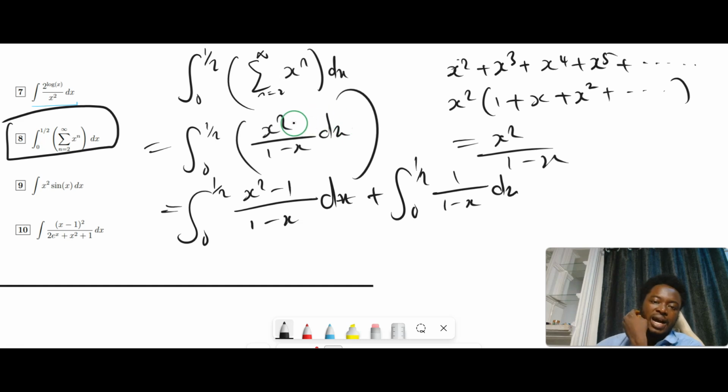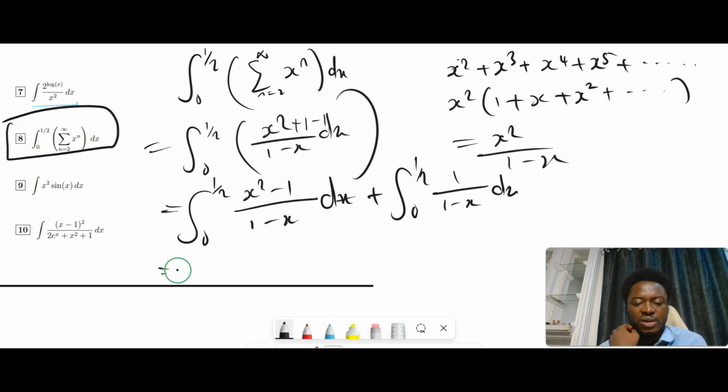Because here I added 1 and subtracted 1, so that should be that. Hopefully I'm not making mistakes here.